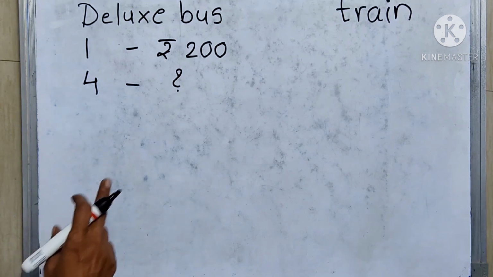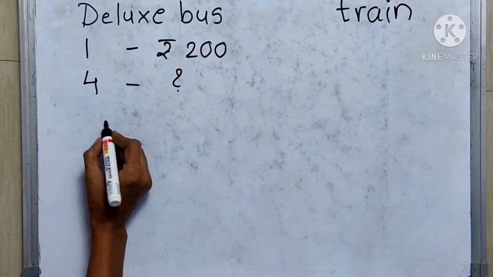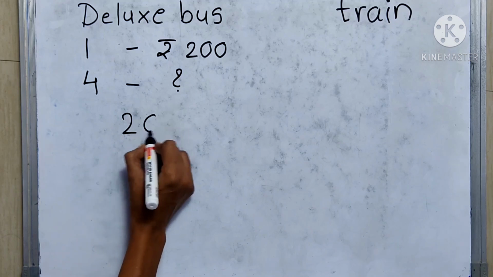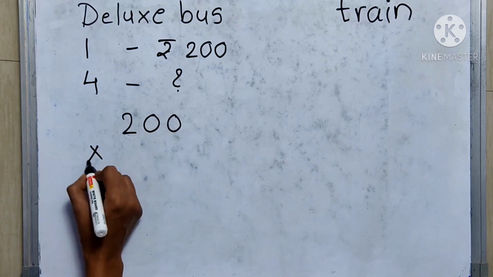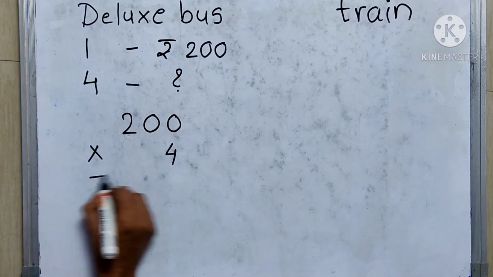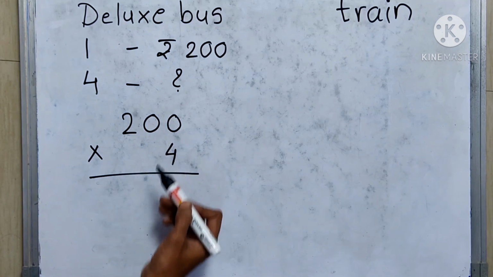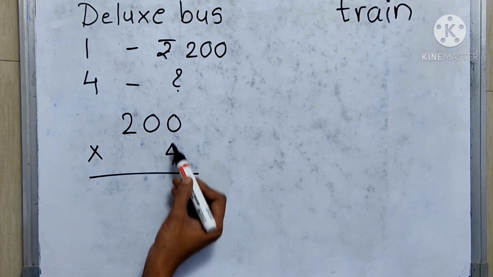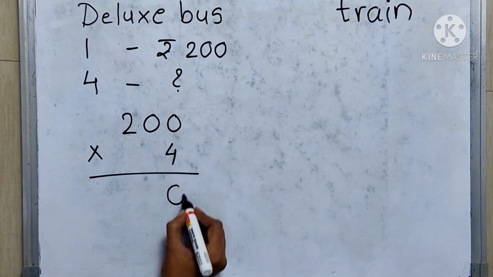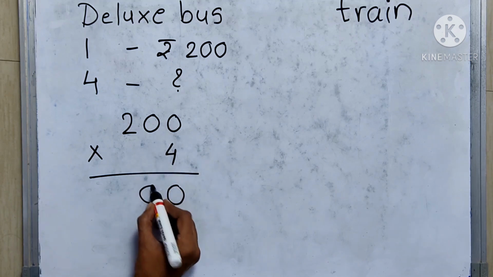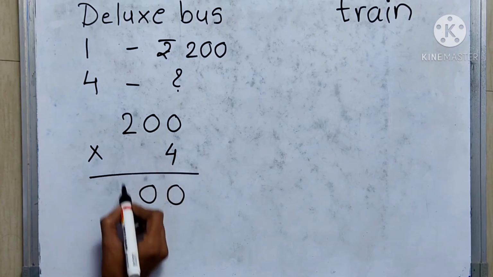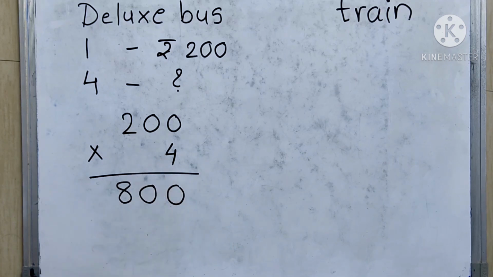Here I am using the multiplication method. Multiply this 200 by 4. Now you know if we multiply any number and 0, the answer is always 0, 400, and 4 2s are 8. So the answer is 800.